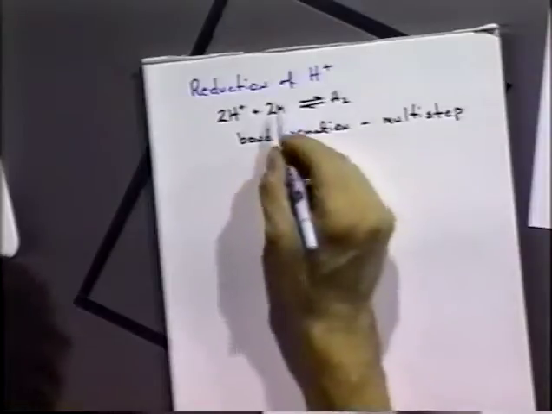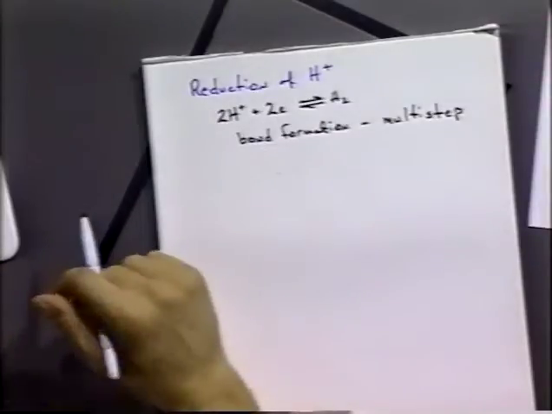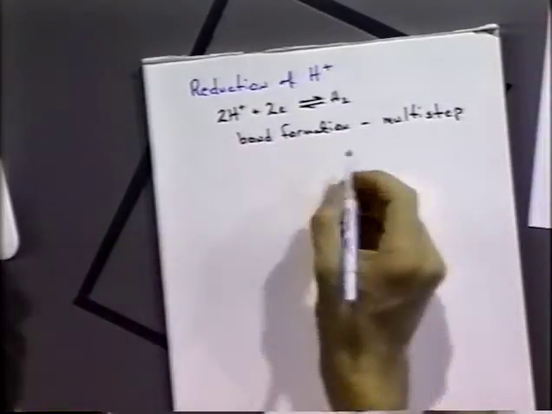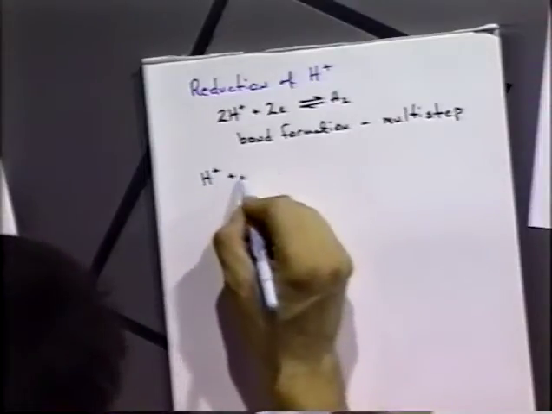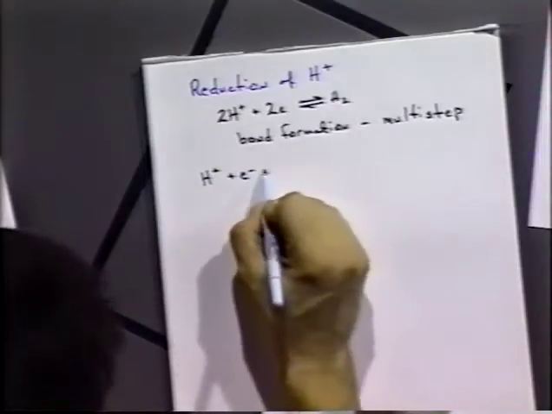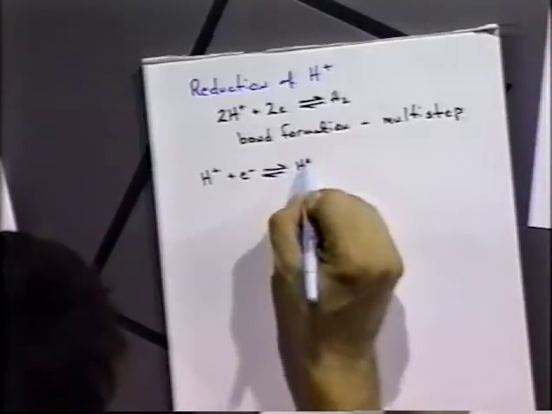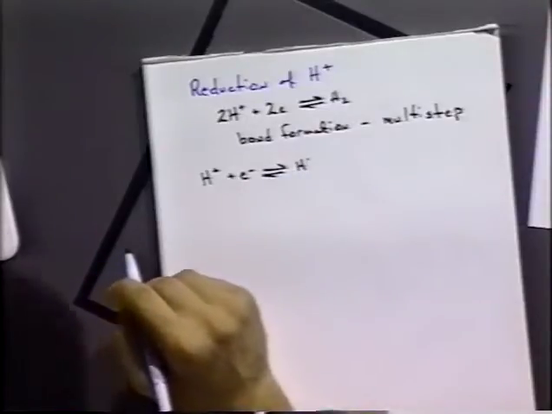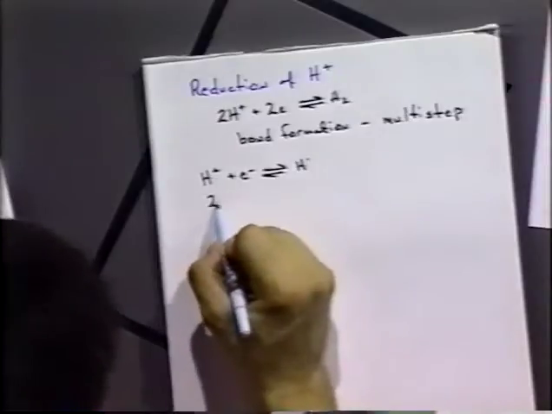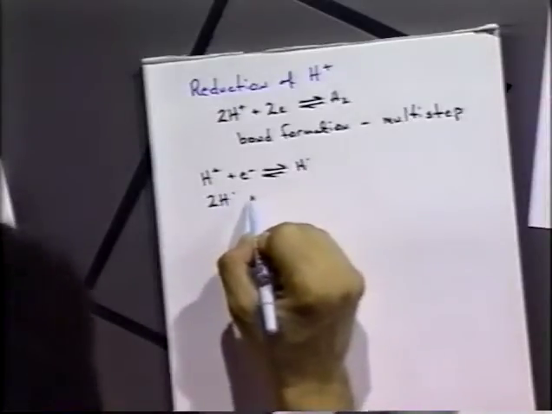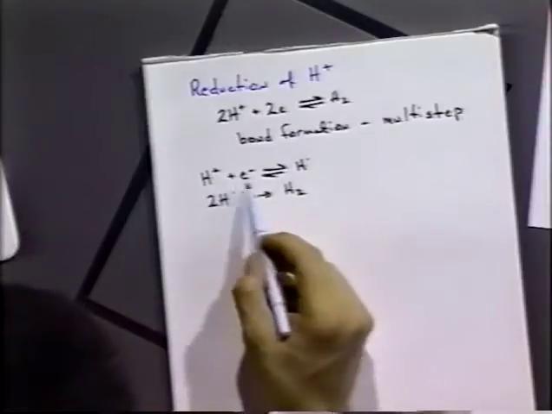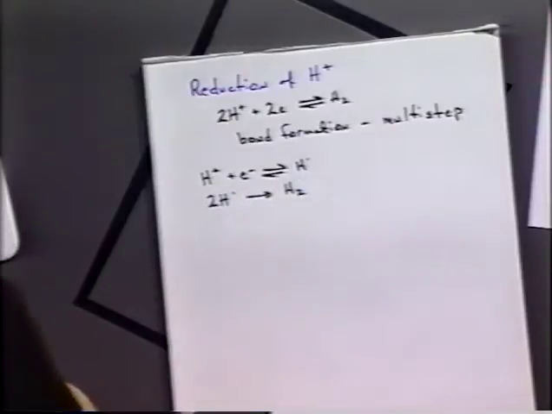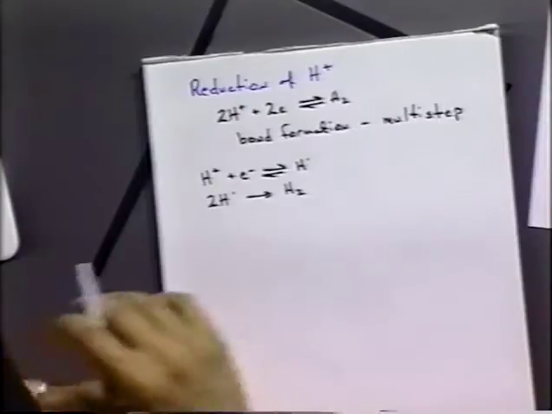So if we have 2 electrons going into that system, we have to have a multi-step process. There's 2 basic possibilities. We can think about a proton plus an electron going to a hydrogen radical, hydride, and then 2 of those hydride materials getting together to form hydrogen gas. And you can see we need 2 electrons to form the 2 hydrides, or the 2 hydrogen atoms.